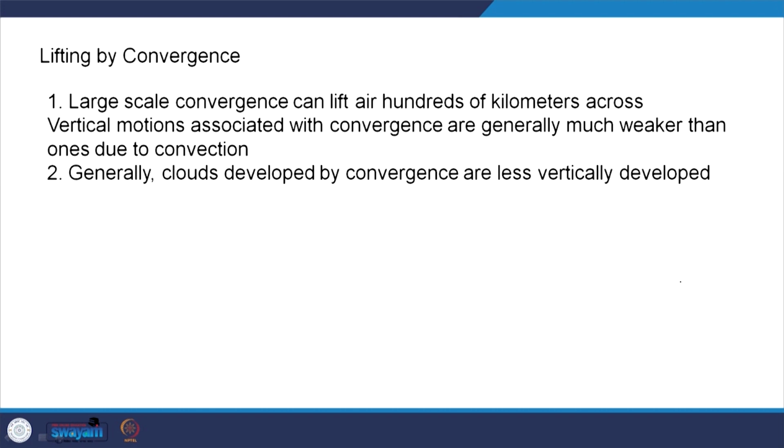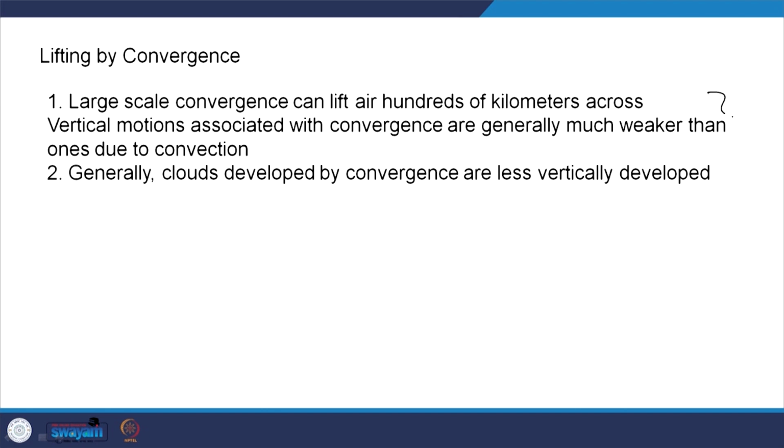So, convergence may not actually result in a vertically developed cloud, or a cloud which has more moisture content and can reach higher altitudes.